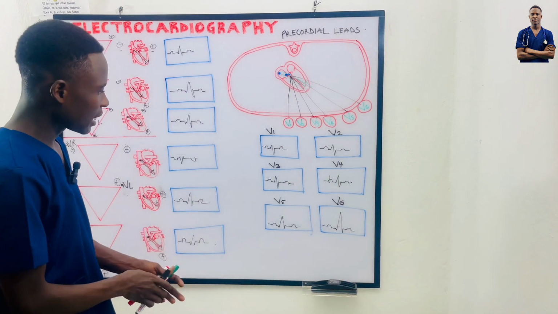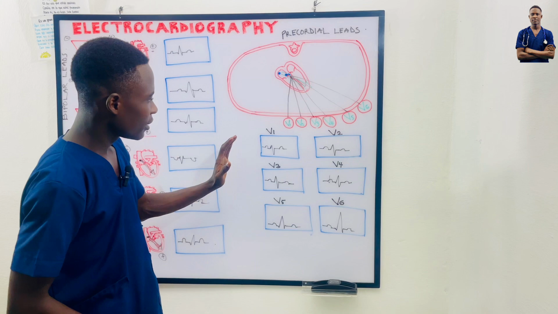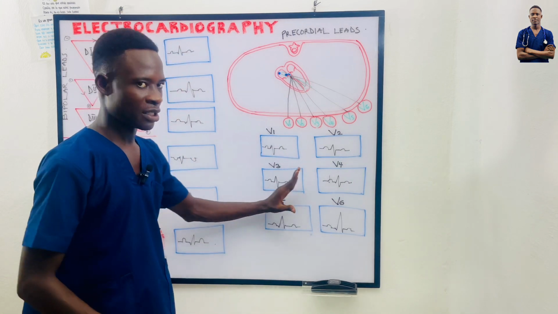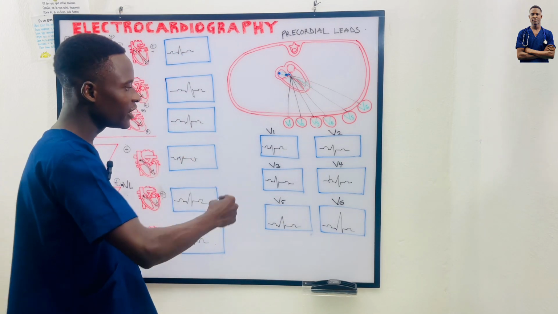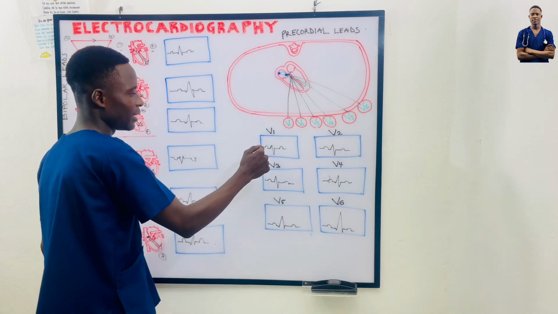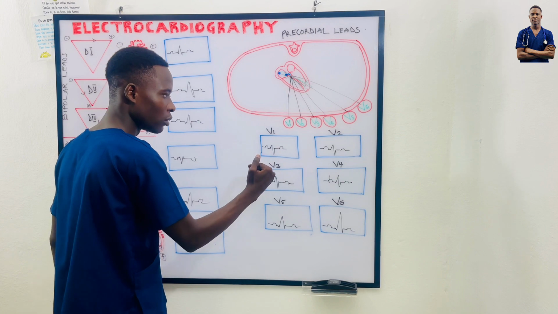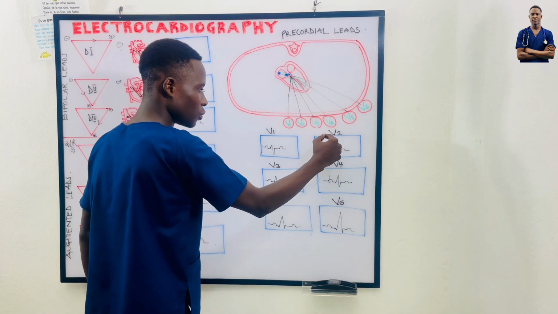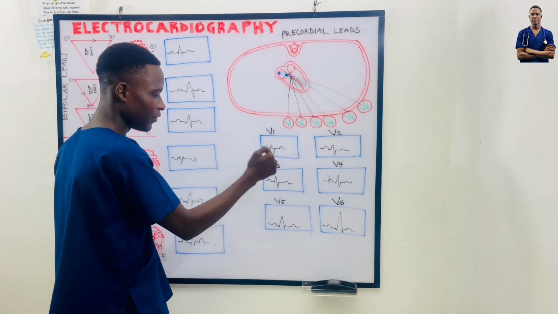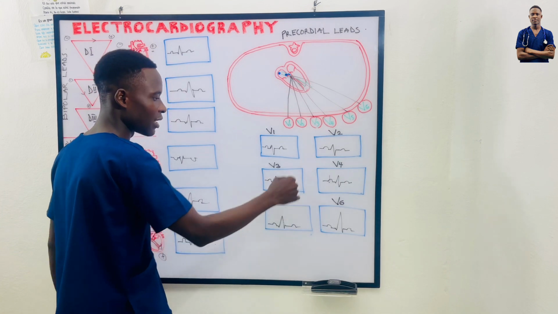So basically, when you take the V1 to V6, they are all positive, but their positivity increases. The V1 QRS complex's positivity is lower than the V2. The V2 too is lower than the V3. The V3 too is lower than the V4.